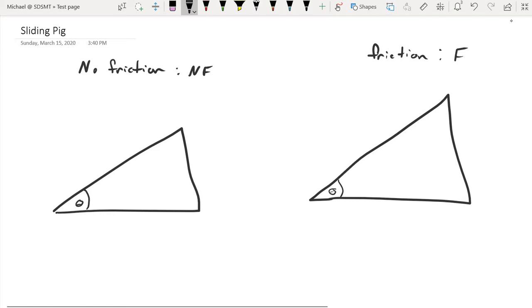We're going to have the same pig sliding down each slide, and instead of trying to draw a pig, I'm just going to draw a box of mass M. In each case, these pigs are going to start at the top of the slide with some initial velocity that is 0.